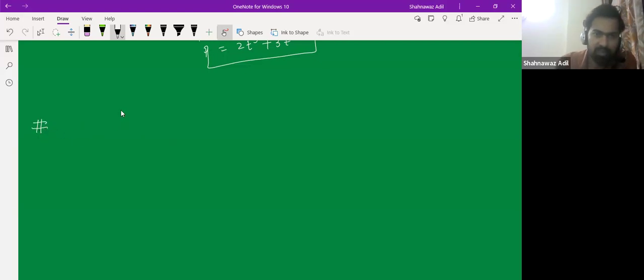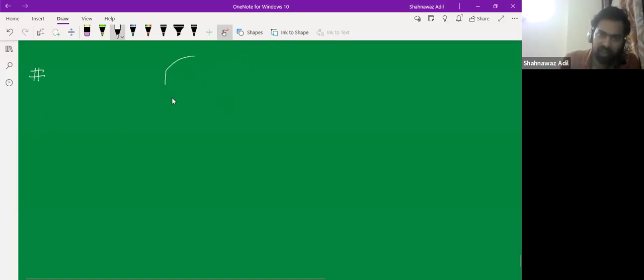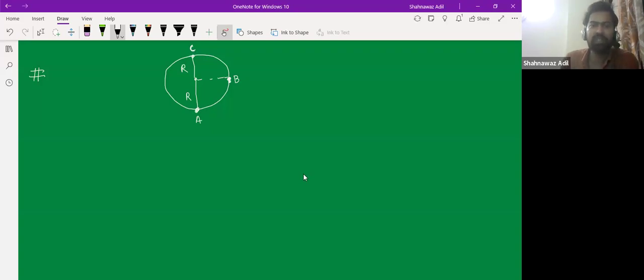Before we start, let's say we have this thing, and this radius is r. So this would be 2r, and this is also r. I have 3 points: this is A, this is B, at the 90-degree quadrant, and this is C. These are the 3 points that I have.